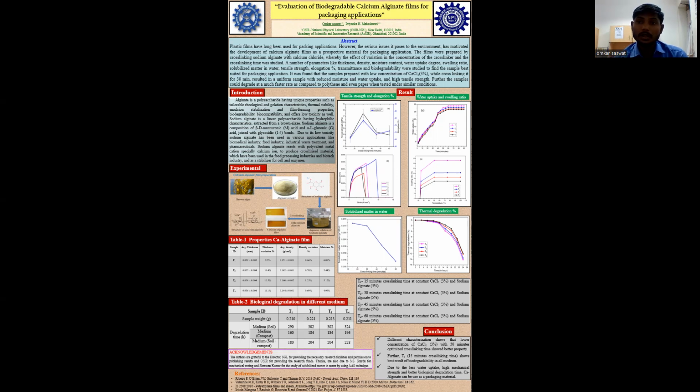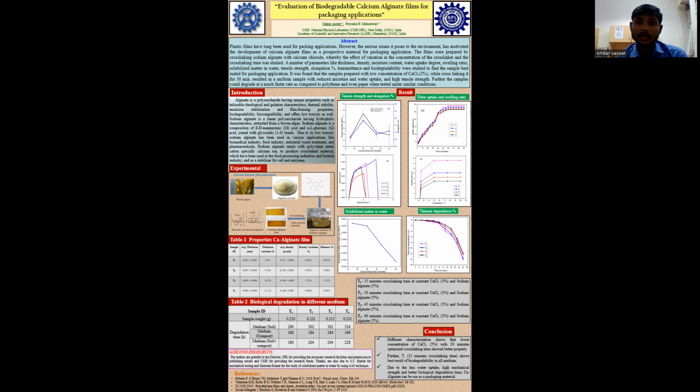I have followed these IS standards for the work and characterizations, and the density variation is also given there. The maximum moisture percentage is 6.0, which is very low, and biodegradable. Now I'm going to the results and discussion.